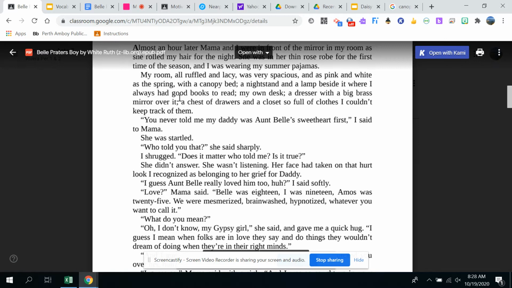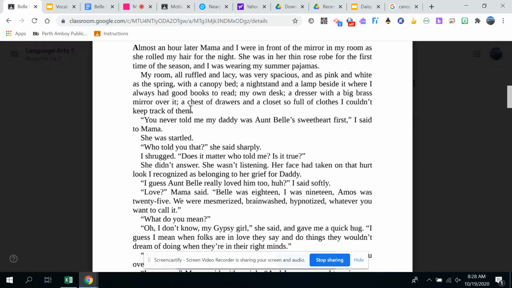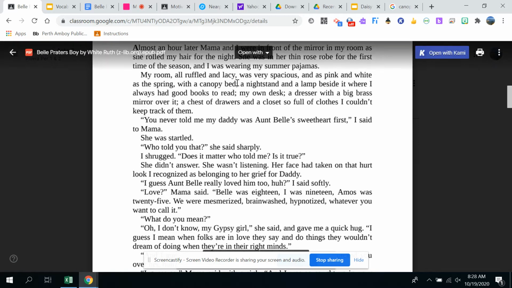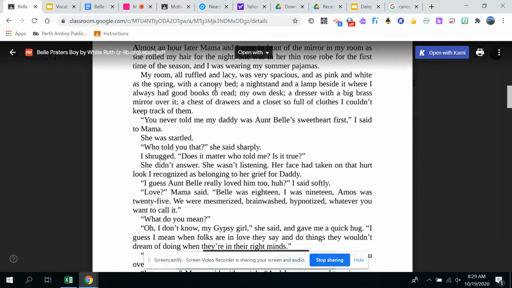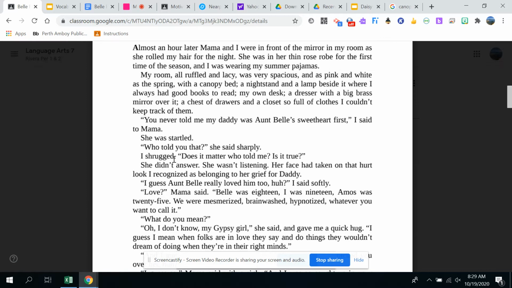So this paragraph's kind of important because it should show you, and again, you have to think about it in terms of time, that she has a very nice life. So she's kind of wealthy. This is what that paragraph tells you. These would be considered luxuries back then, right? Having a really nice bed, a nightstand, a lamp.